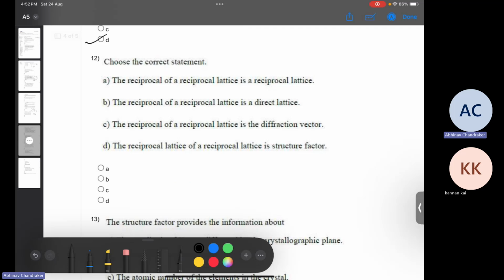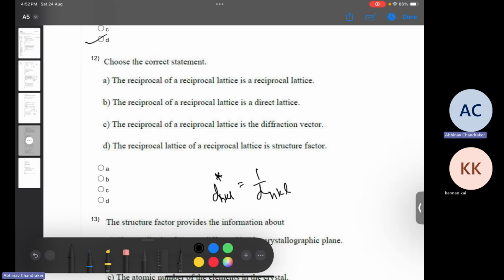Next question: what is the reciprocal of a reciprocal lattice? We know that the spacing in the reciprocal lattice is equal to 1 by d. If you consider points corresponding to a plane HKL, then the spacing for them in the reciprocal lattice will be d star equal to 1 by d HKL.